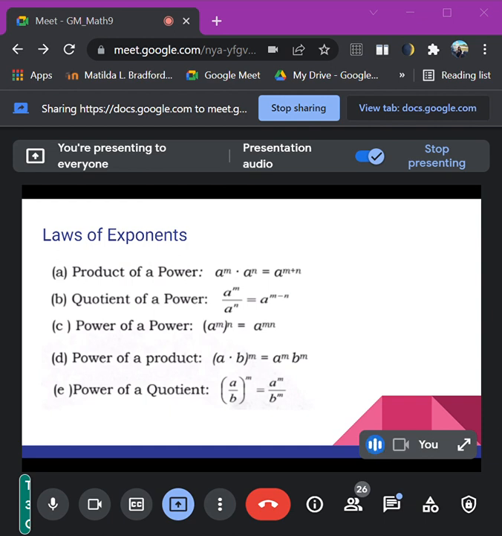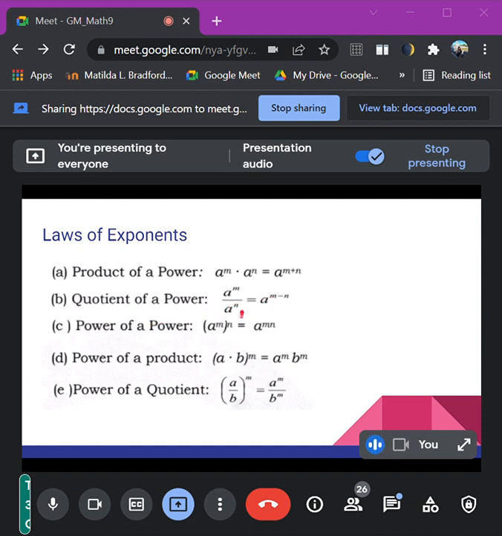So now let's proceed with the next one. So we have here for number 2, quotient of a power. When we say quotient of a power, class, this is already the reciprocal of product of a power. As you can see there, we have a raised to m over a raised to n. Its equivalent is a raised to m minus n.